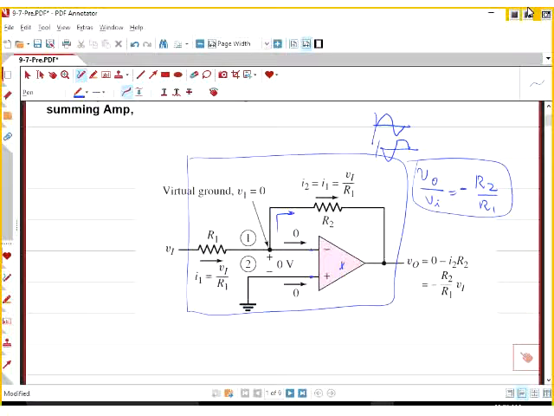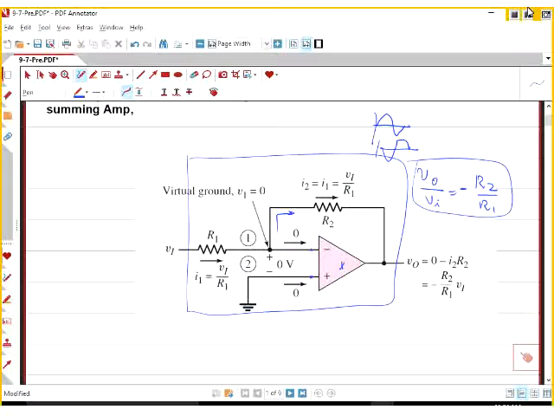Second is R1. Third, R2. Fourth, R1 plus R2. Which one is correct? How many of you think it is infinite? How many of you think it is R1? Raise your hand.